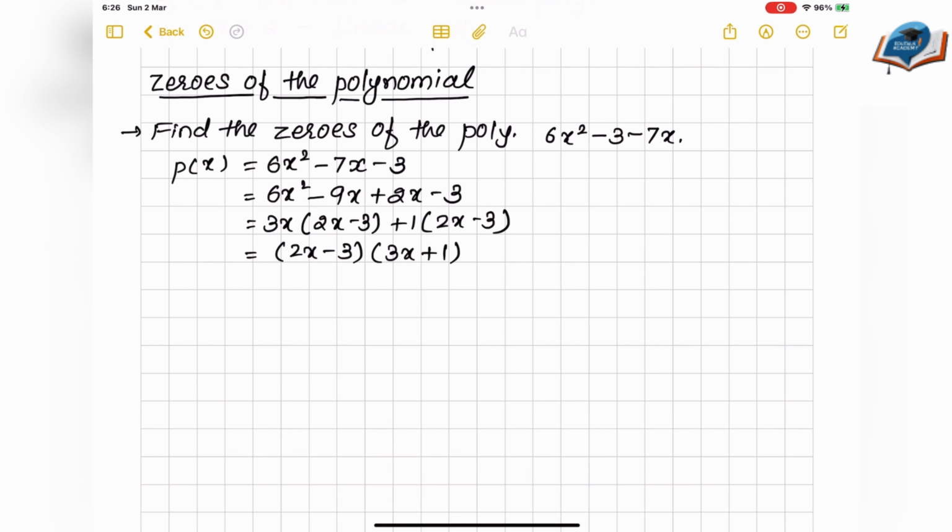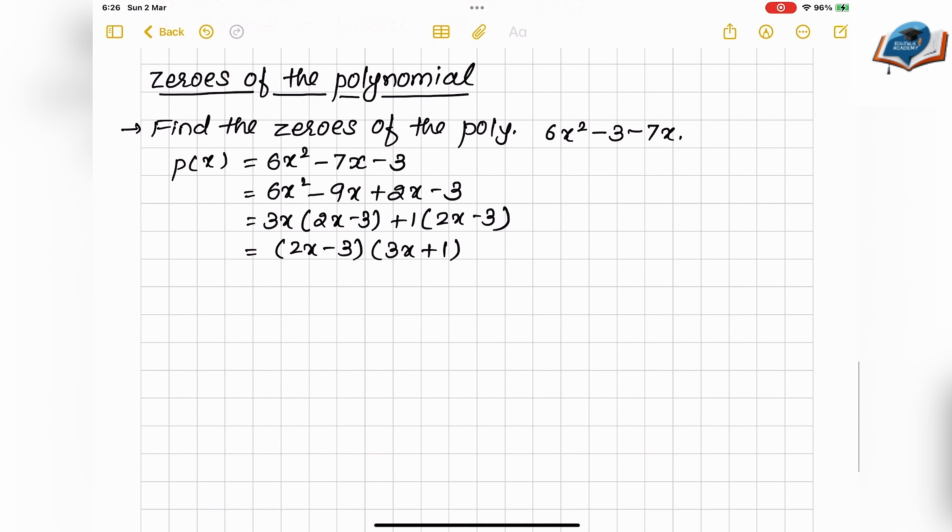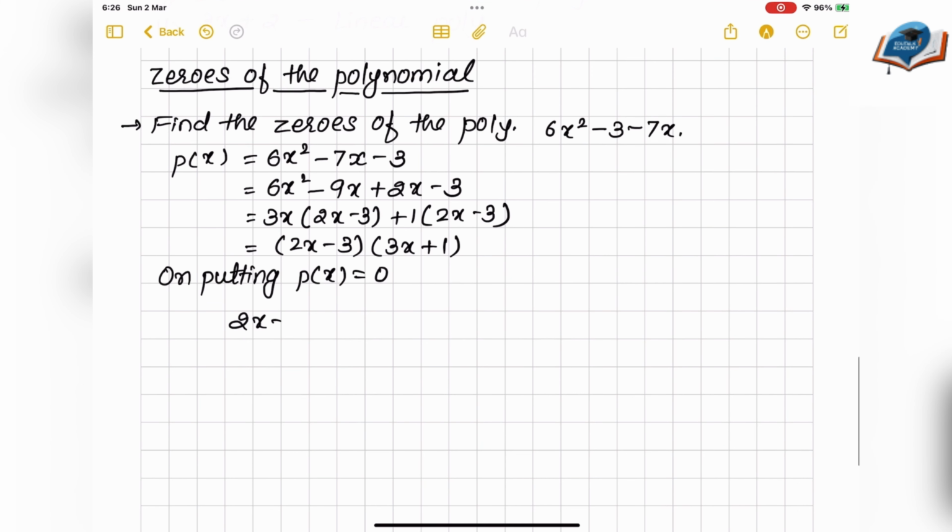So I can say, on putting p of x equal to 0, that is zero of the polynomial means final value of the polynomial should come 0. So 2x minus 3 either will be 0 or 3x plus 1 should be 0.